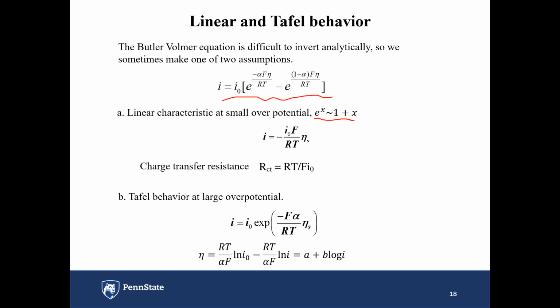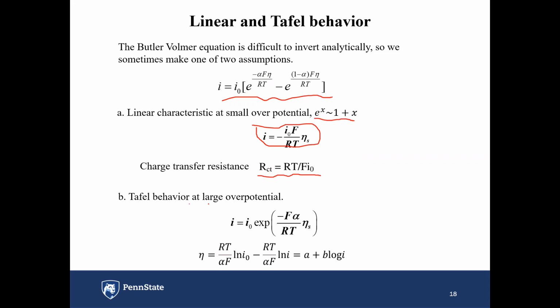If we do this, that means the overpotential is super small. When the overpotential is super small, we can write I in this format. And in this case, we can convert the exchange current to the charge transfer resistance, right? That's what I said.